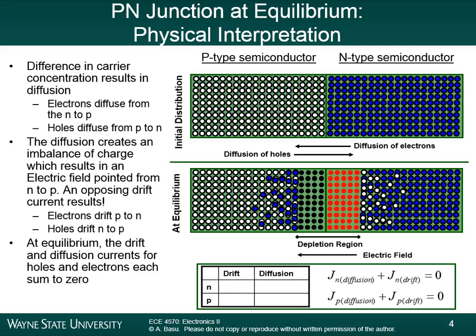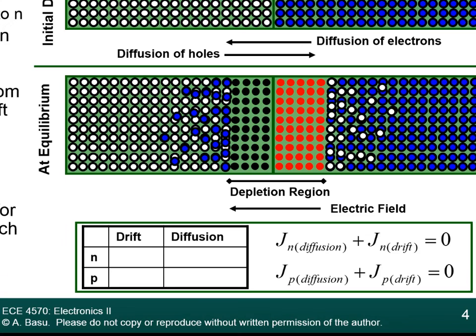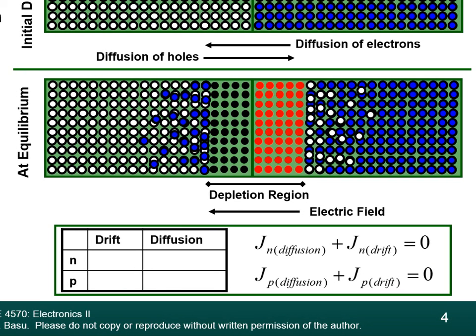So you do have some diffusion currents and some drift currents, but they balance each other out at equilibrium. That's summarized by this formula: Jn diffusion plus Jn drift is equal to 0, and Jp diffusion plus Jp drift is equal to 0.